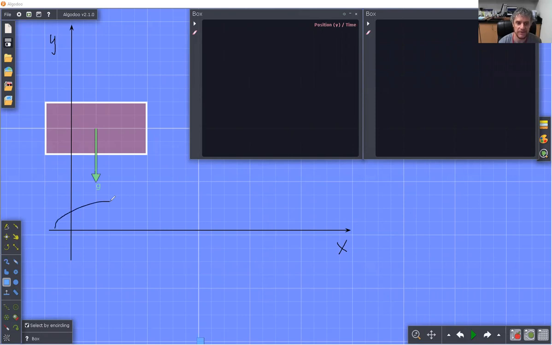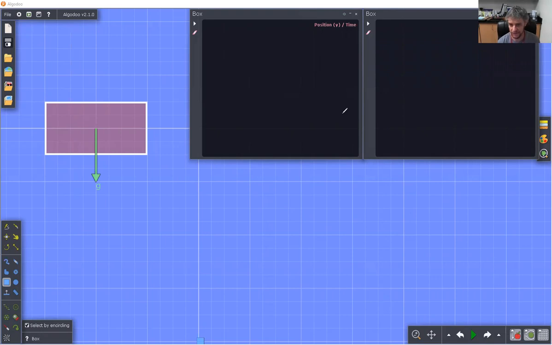Remember, for x direction motion, we plot the distance traveled in the x direction on the vertical axis of our position time graphs. But now, since we're dealing with y direction motion, we will plot the y direction motion on the vertical axis and still time on the horizontal axis.